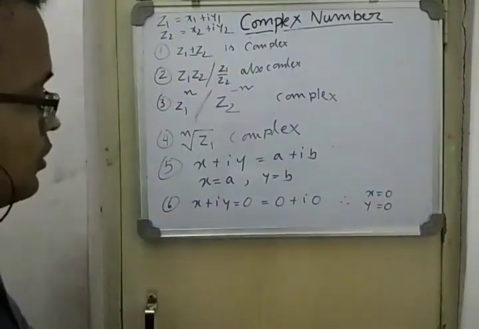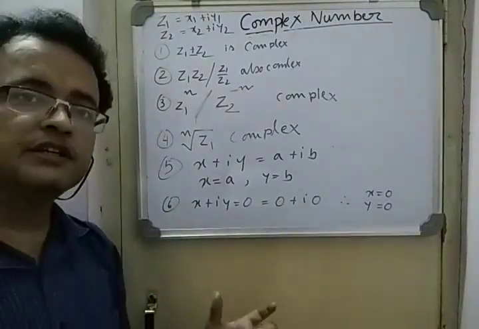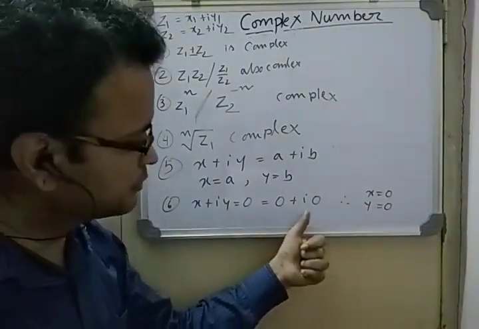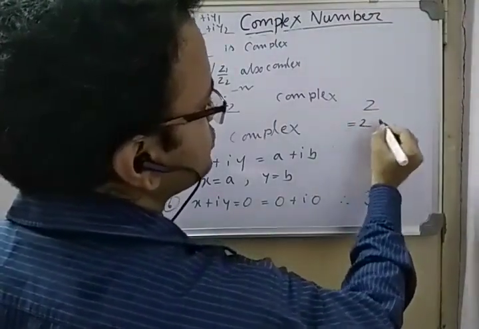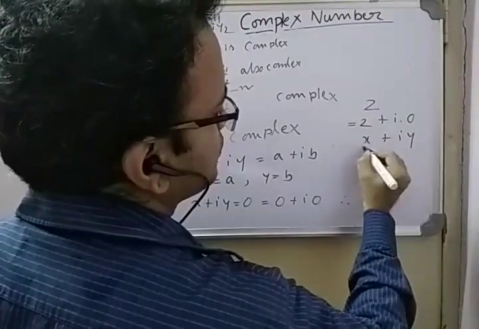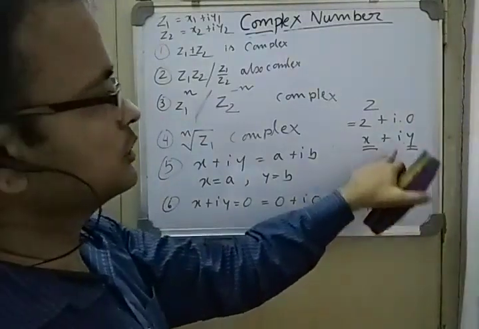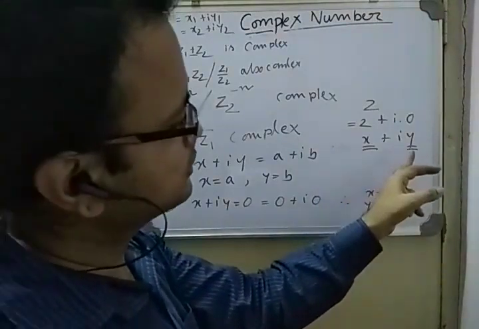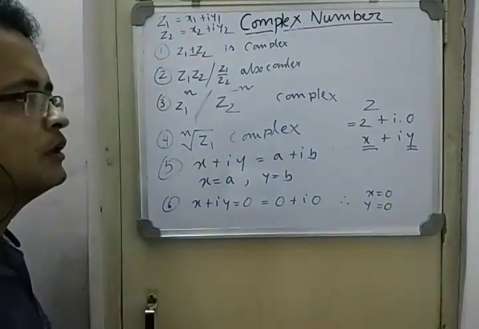Always remember that any real number is actually a subset of the complex numbers, because any real number can be represented in a plus i b form. Like 2 can be represented as 2 plus i into 0. X plus i y is the general form; x is real, y is real, so y can be 0, there is no restriction on that. So any positive or negative real value can be represented in the form a plus i b, so it is actually a complex number.